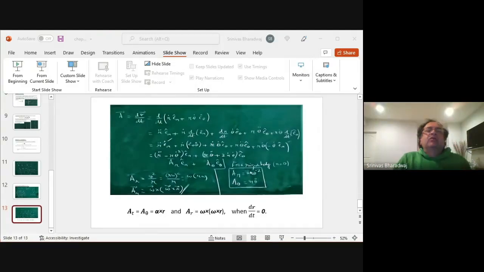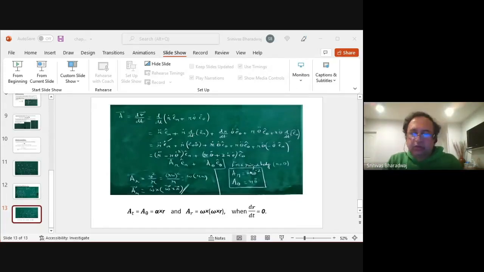So the tangential acceleration is related to how much faster and faster something goes, while the radial acceleration is related to the uniform circular motion part of it. And that's how this all works.